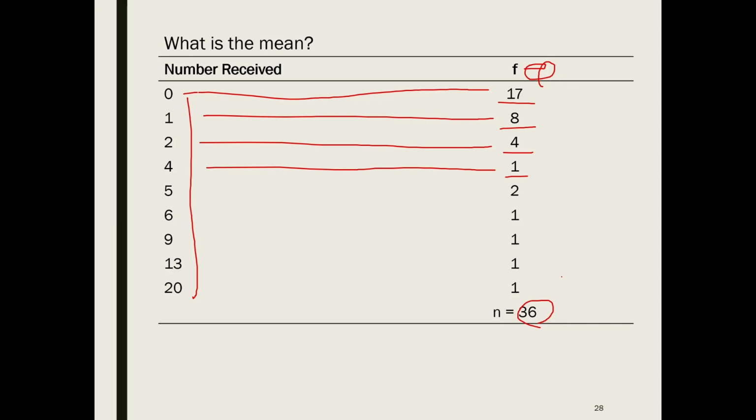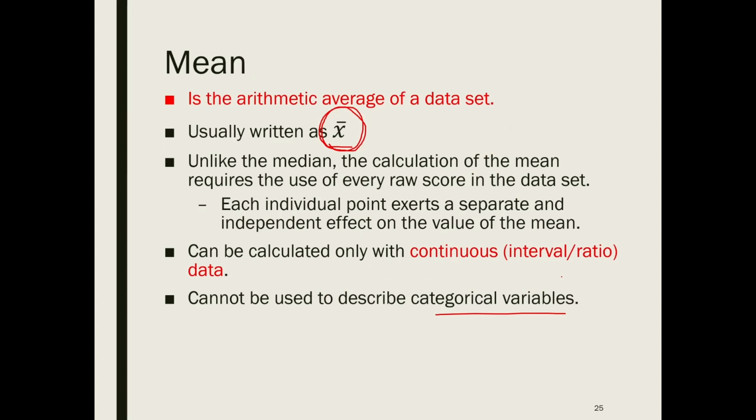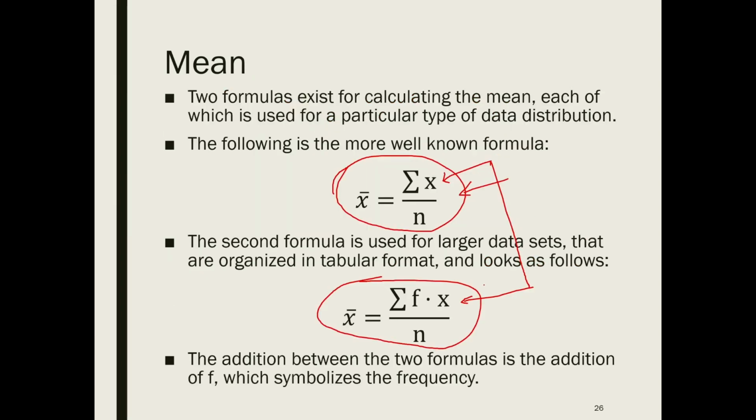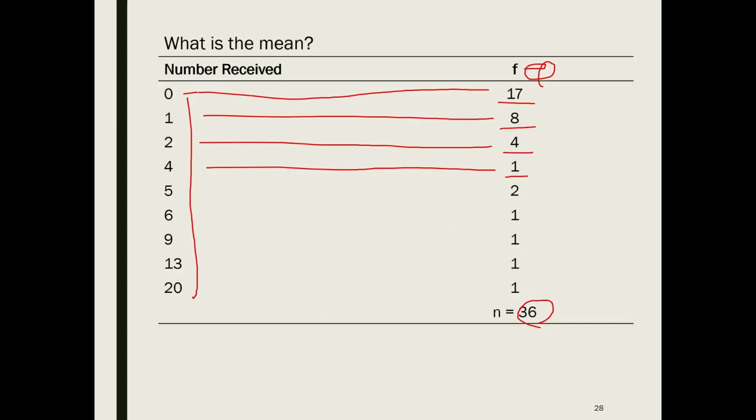In order to solve this question, we have to use the second formula, which is used for grouped values. We calculate each group's sum and add them together to get the total sum, then divide by the total sample size.